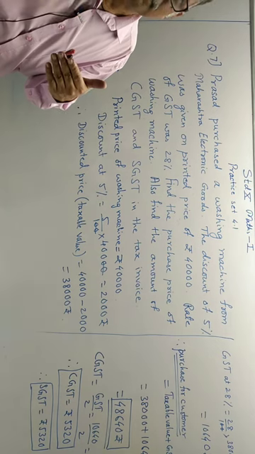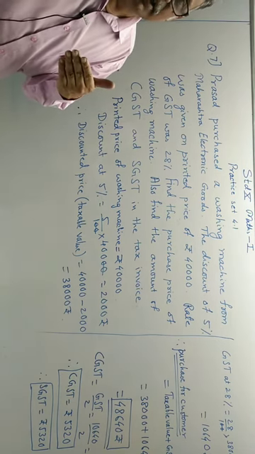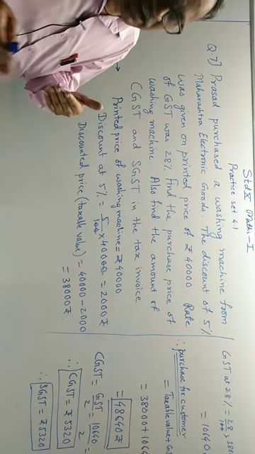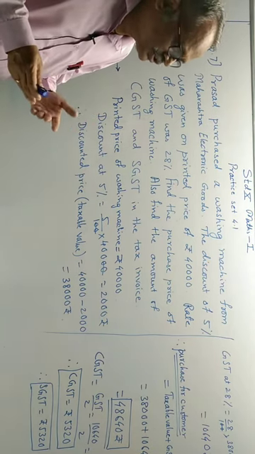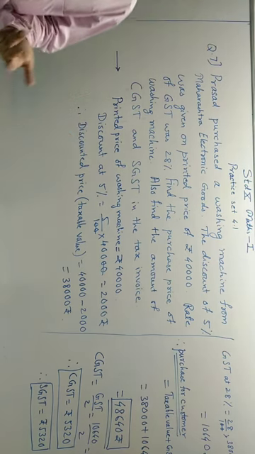Then the second shopkeeper, when he collects the complete tax from the customer, will return that to the government and to the shopkeeper. How and what is the process, that we have to learn in the next part. That we will do next time.